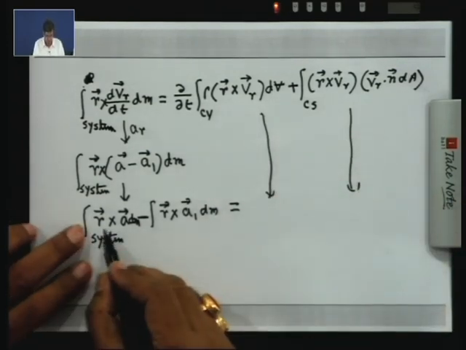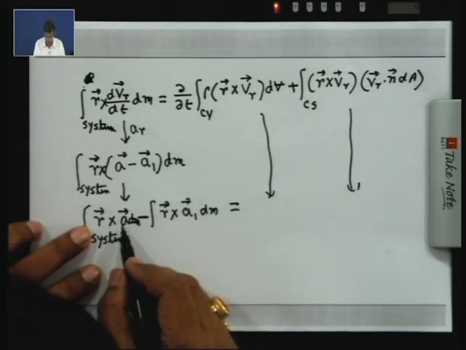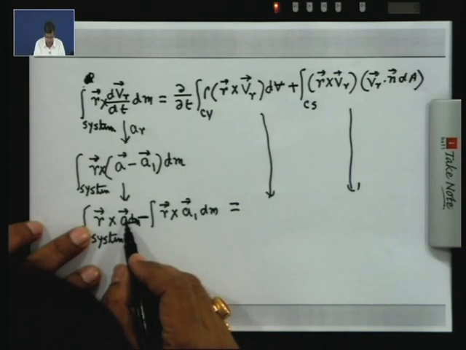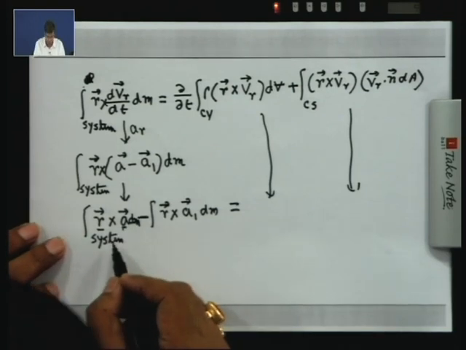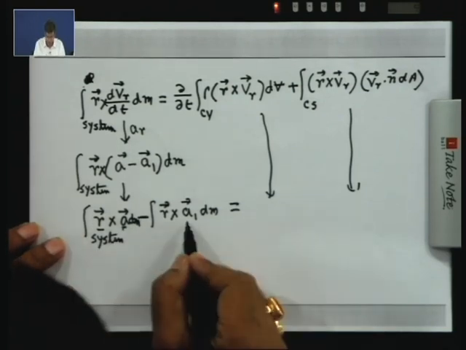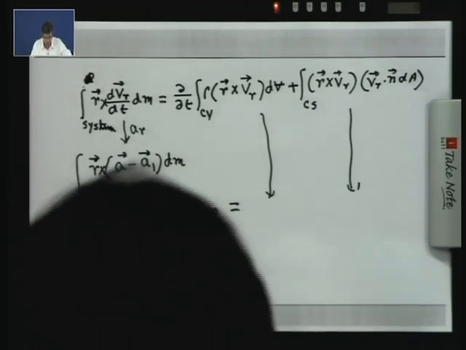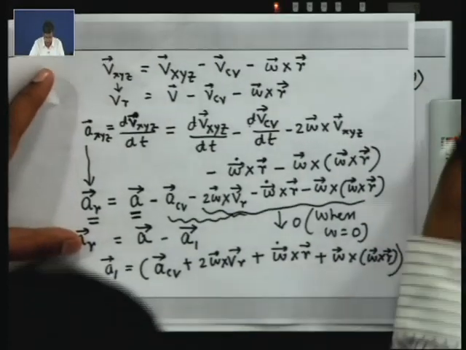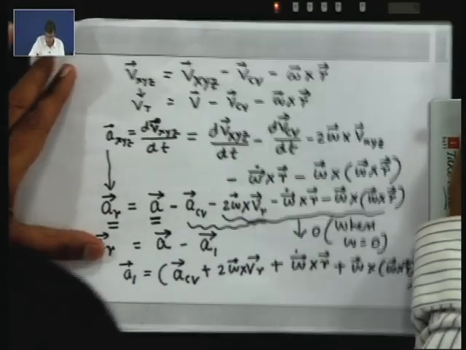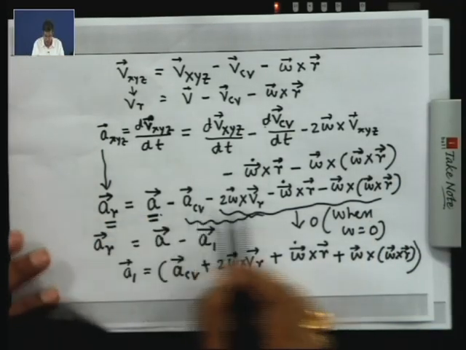Now, here you see this is the rate of change of angular momentum, where the acceleration is the rate of change of velocity. So this is the moment of the momentum where this r and a are referenced with respect to the inertial frame of reference, and because of that, I have substituted this A1. Again, I am showing you that when we change the acceleration with respect to this, it becomes equal to this minus this quantity.